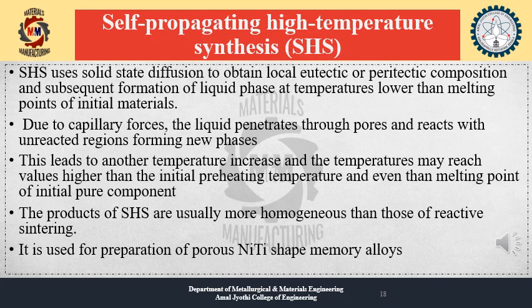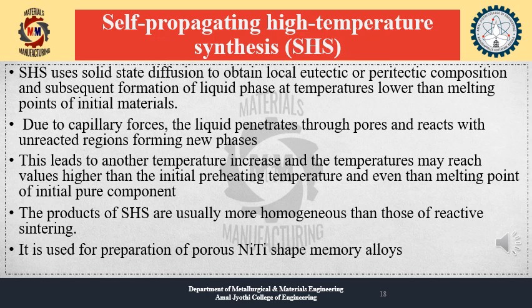Self-propagating high-temperature synthesis (SHS) uses solid-state diffusion to obtain local eutectic or peritectic compaction, with subsequent formation of liquid phase at temperatures lower than melting points of initial materials. Due to capillary force, the liquid penetrates through pores and reacts with unreacted regions, forming new phases.